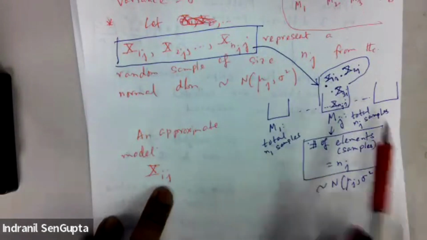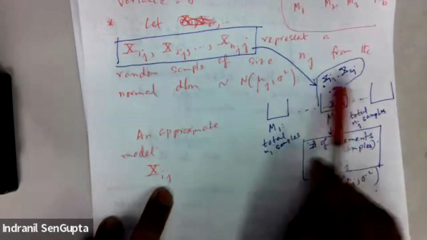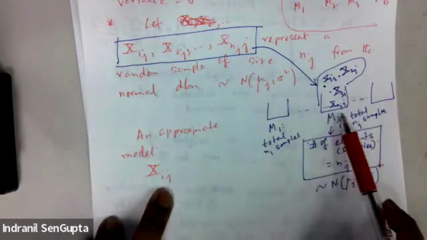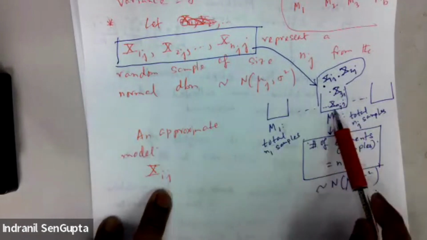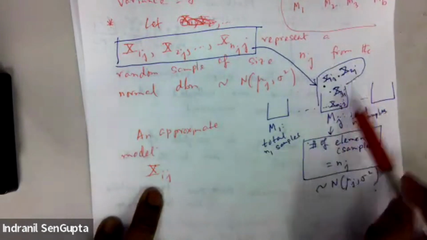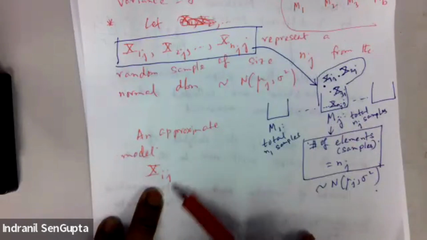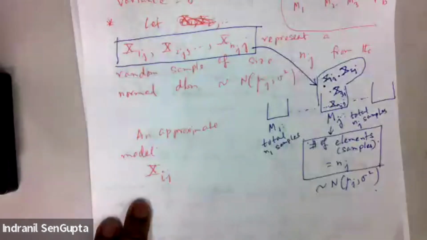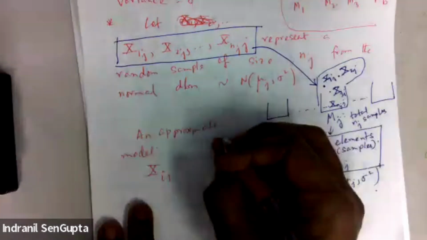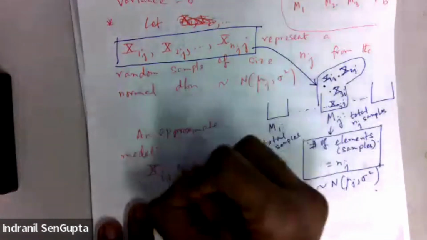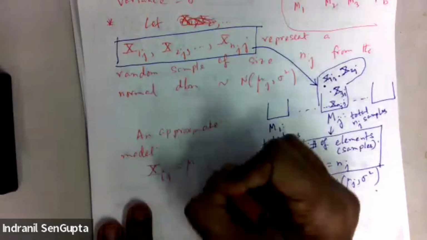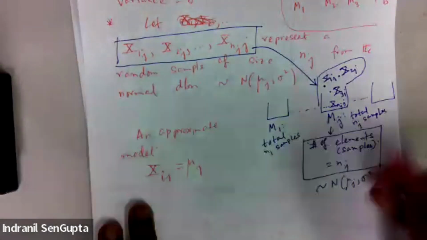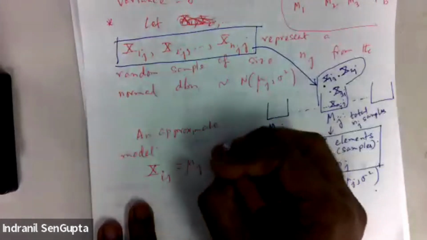The second number tells you which bucket you're considering. So think about our example for the machine. J stands for the machine, and i is which sample for that jth bucket we are talking about. For example, you're talking about the ith one. Now a model can be written as, say, mu sub j plus some error term, right?